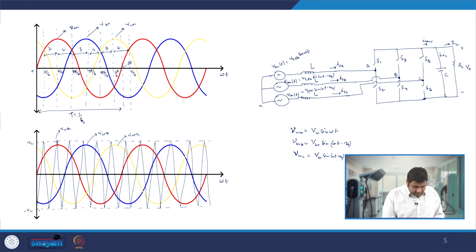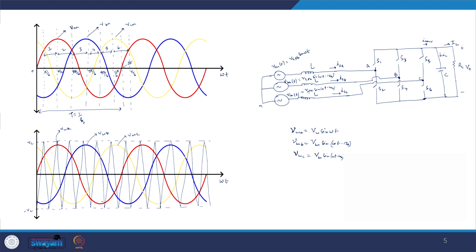So now if you look very carefully, the carrier is going between minus Vc to plus Vc. The modulating wave goes between its positive peak value and its negative peak value.